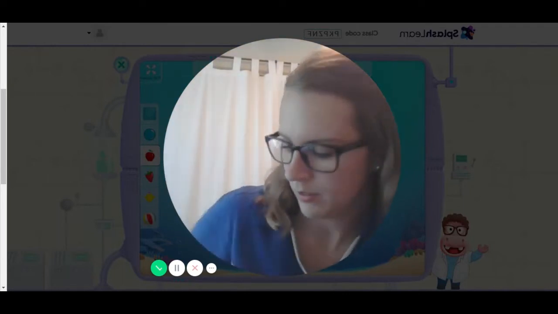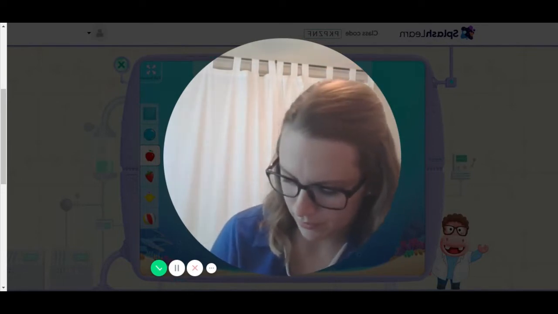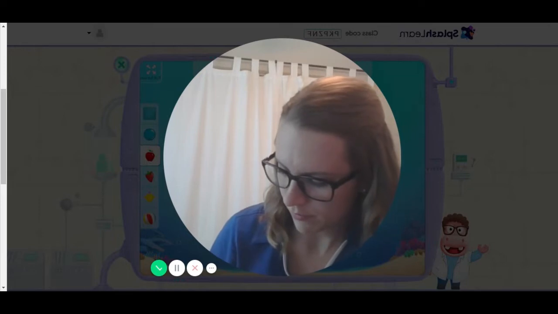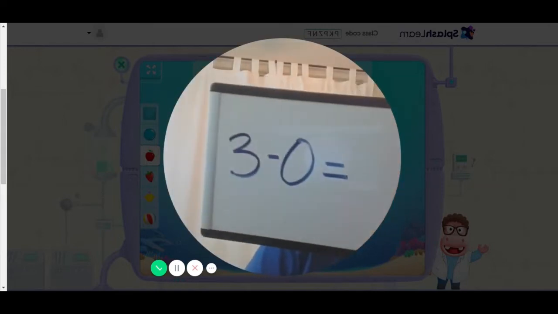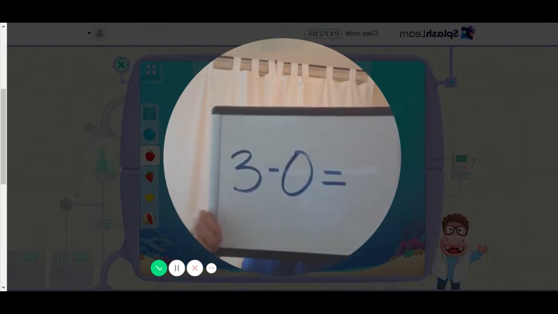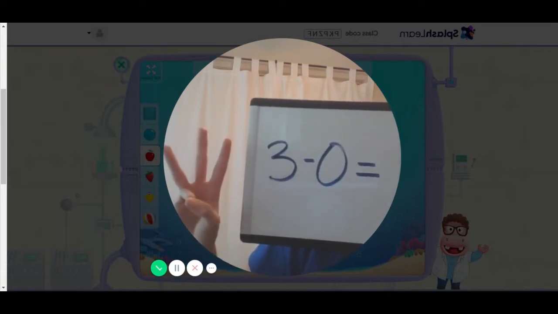Now, how about this problem? Okay. 3 minus 0 equals what? So how many fingers should I hold up? I should hold up 3 fingers, right? Because that's how my problem starts, with 3 fingers.